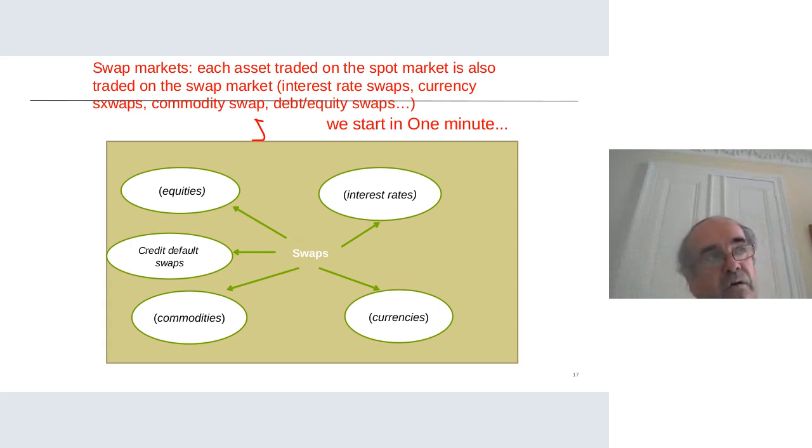So you keep your debt on your balance sheet, but with another bank, maybe the same, or another, you decide to pay fixed and to receive variable. So each year you will pay, for instance, 5%, and you will receive the 6 months variable rate each 6 months. So now if you add your debt with the swap, you are in debt on a fixed rate basis.